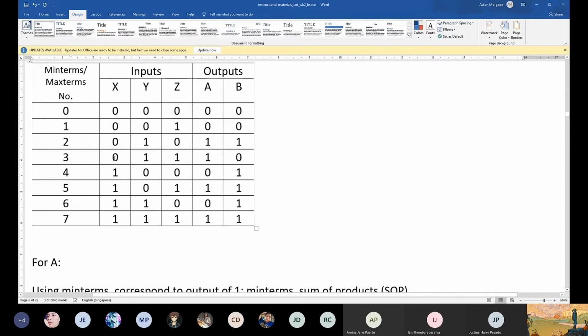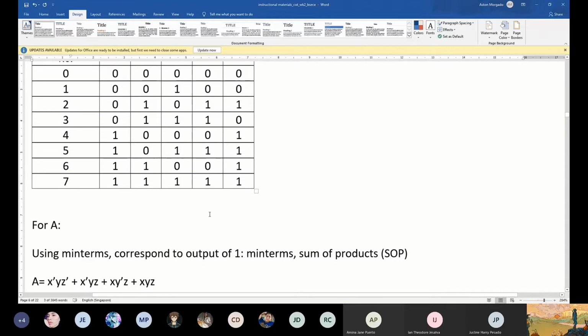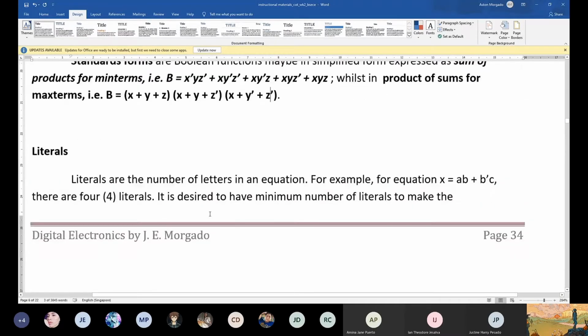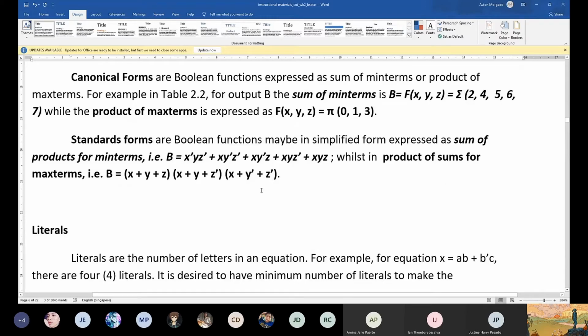So this is actually max term 0, again, max term 1 and max term 3. It's the same here. So that means, whether you state it, this is a canonical form, this is the standard form.